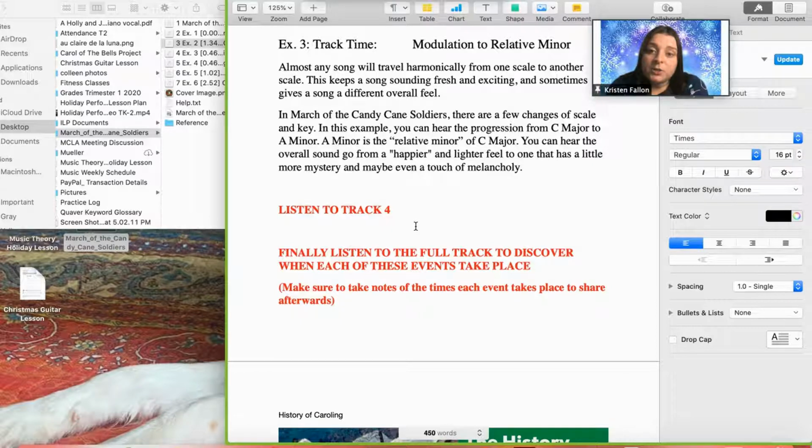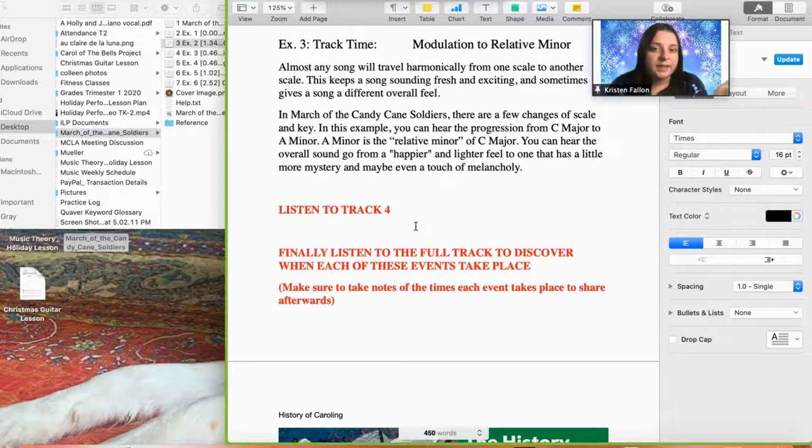In March of the Candy Cane Soldiers, there are a few changes of scale and key. In this example, you can hear the progression from C major, and the progression just means the change, from C major to A minor. So that's major changing to minor.